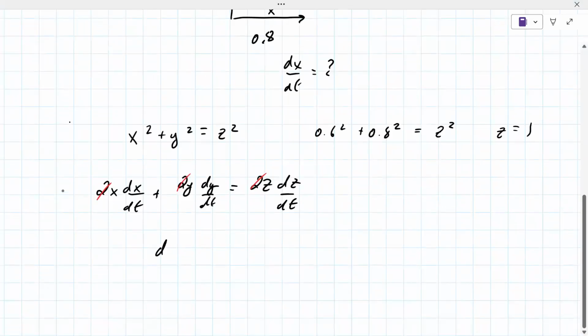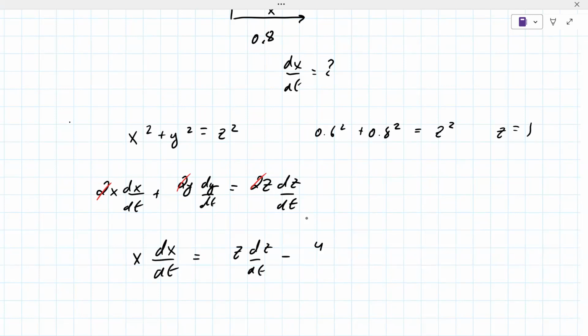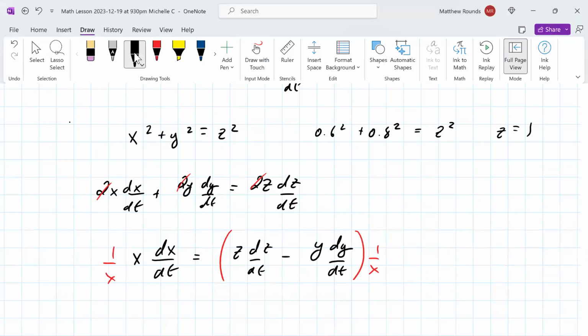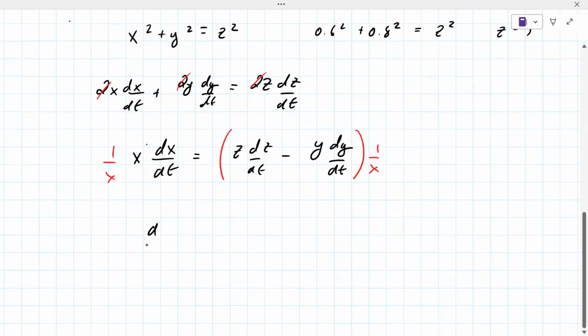So for dx/dt in this problem, you're going to move the y dy/dt to the right. So you have z dz/dt minus y dy/dt, and then you're going to divide by x or multiply by the reciprocal, something like that. And from here, it's just a matter of putting those numbers back into the problem.